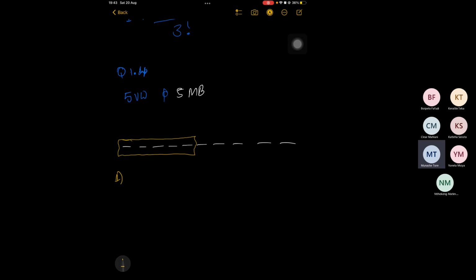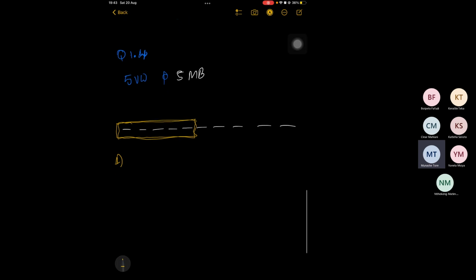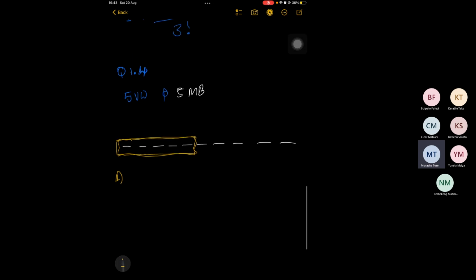So of the 5 positions that we have now, you want 2 of them to be filled by VW cars. So operation number 1, we want to arrange the 2 VWs to occupy the 2 spots.